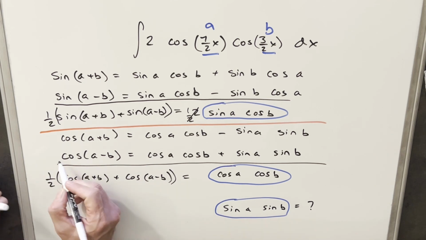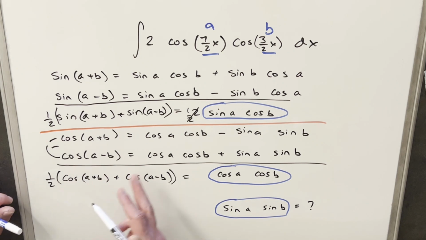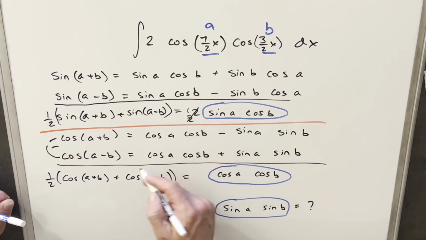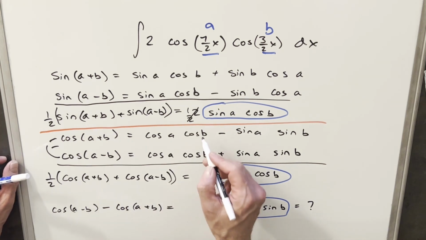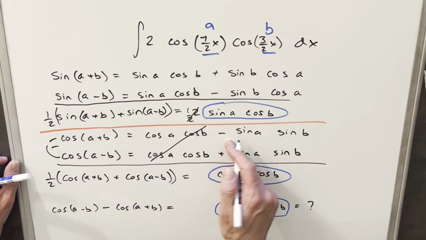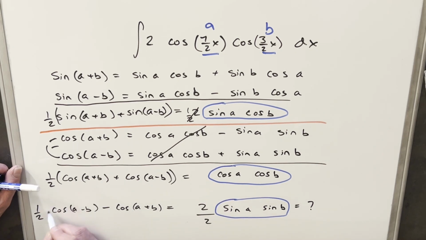So if I take cosine A minus B and subtract cosine A plus B, then we're going to cancel out this other term. So this is going to be cosine A minus B, and then I'll subtract cosine A plus B. And then when we do that, again, these terms are going to cancel here. We end up getting 2 copies of this. So we'll have 2 times sine A sine B. I can divide by 2, multiply by 1/2.